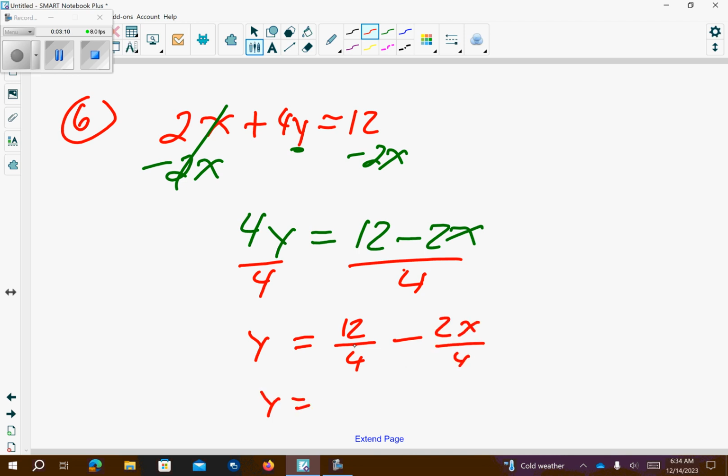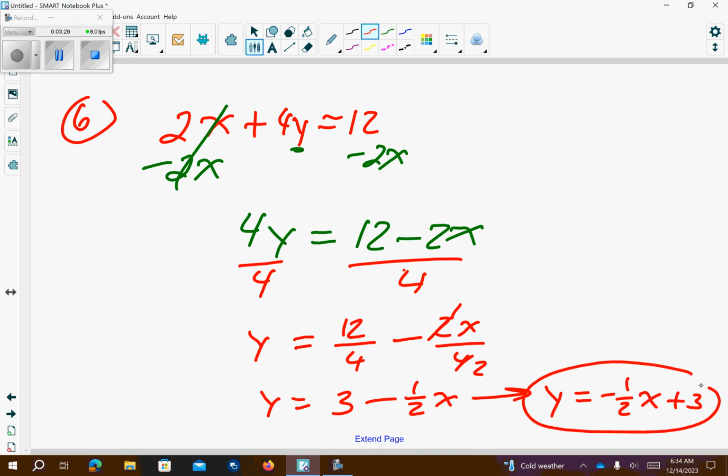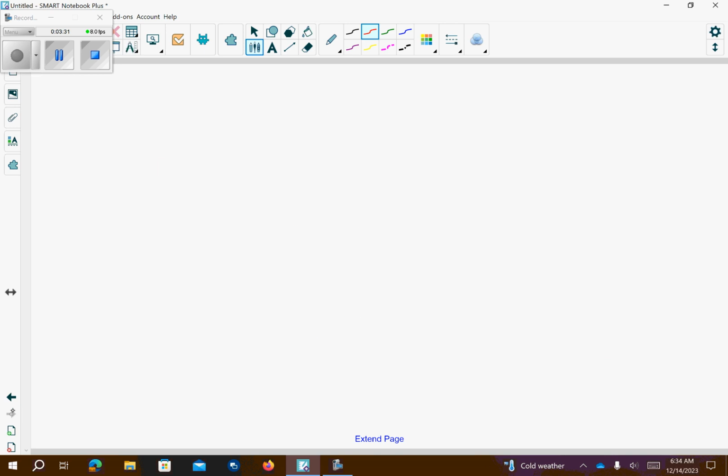So you can reduce 12 over 4, which is 3, and that becomes half x, or x over 2. So negative half x. And it looks like they rewrote it to where the x came first. So you have a negative half x, and then that's a positive 3. So that's your answer. Again, think about what you want to write on that note or that sheet of paper.